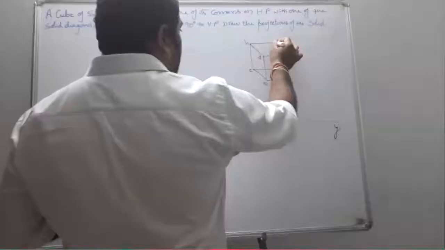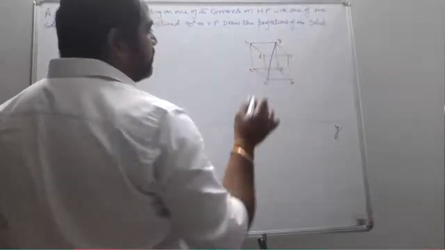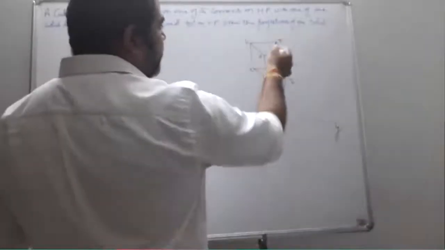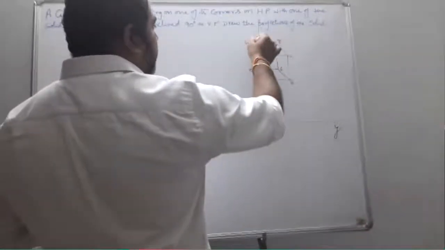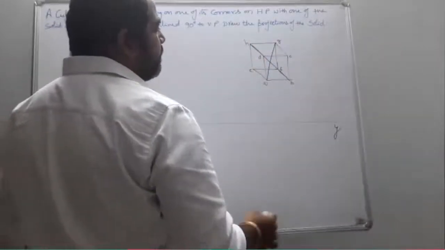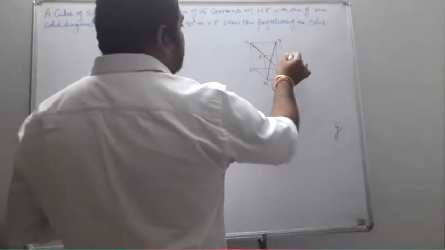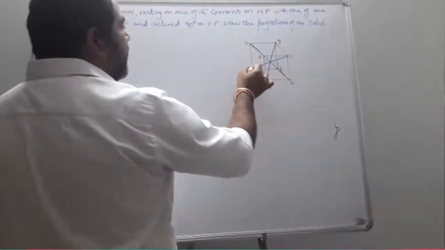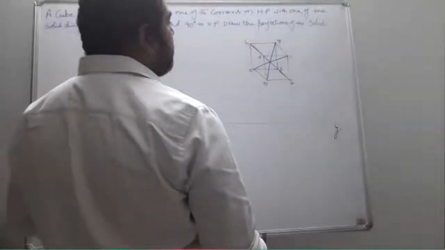Okay. What are the solid diagonals? Let us see. GA or HB is going to be considered as a solid diagonal, or CE, and DF is also going to be considered as a solid diagonal.